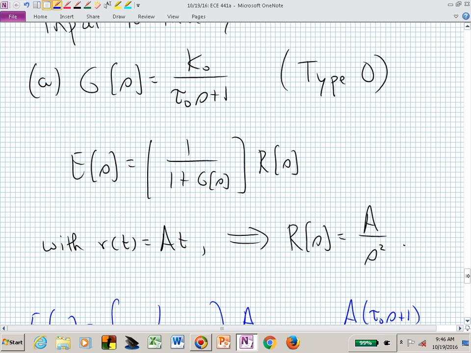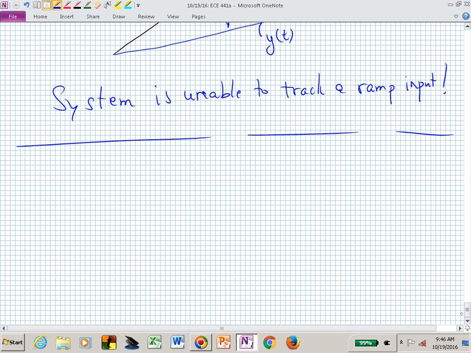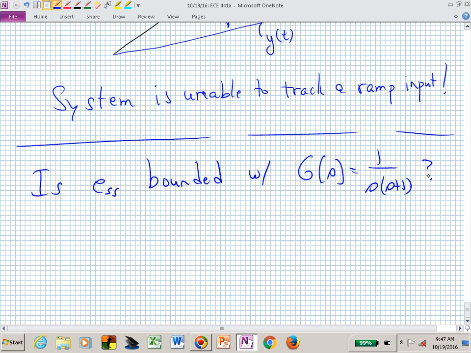Let's see what happens to our steady state error with our type 1 system. This was system C, and it was a type 1 system.